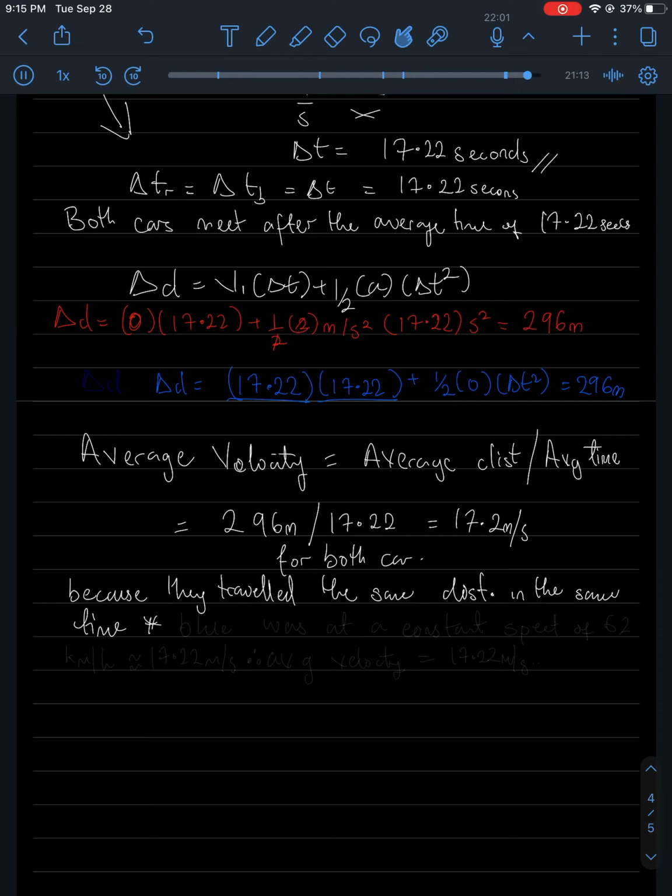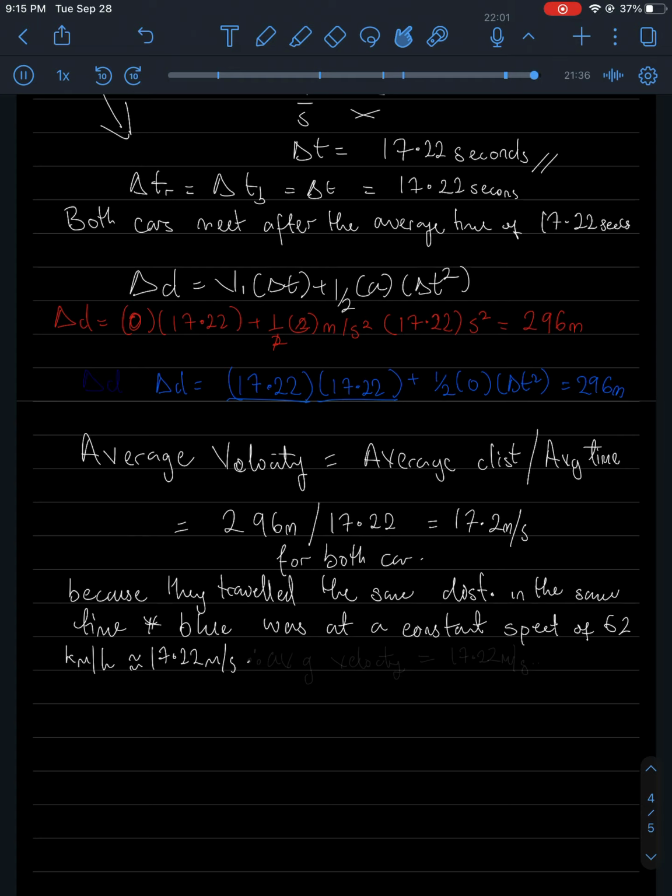And also another note to add, we also know the blue car was at a constant speed of 62 kilometers an hour, which is equal to 17.22 meters per second.